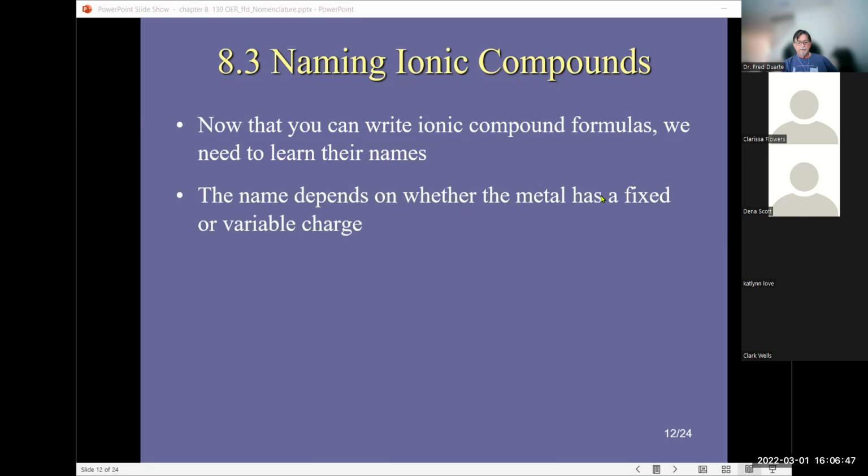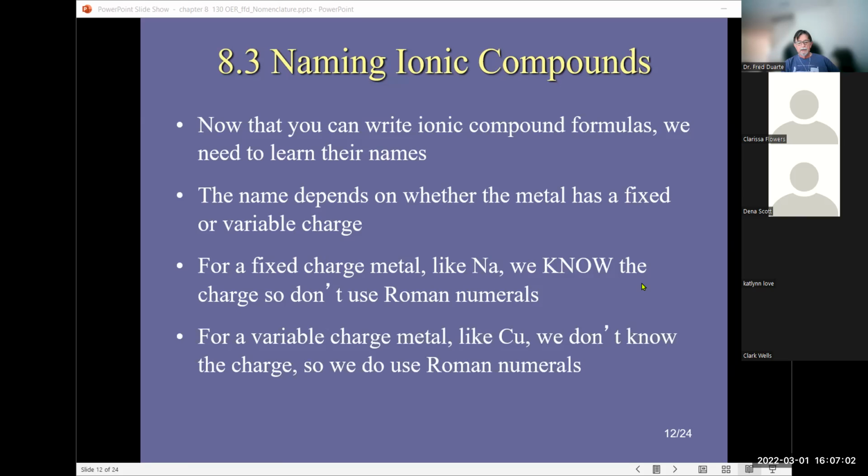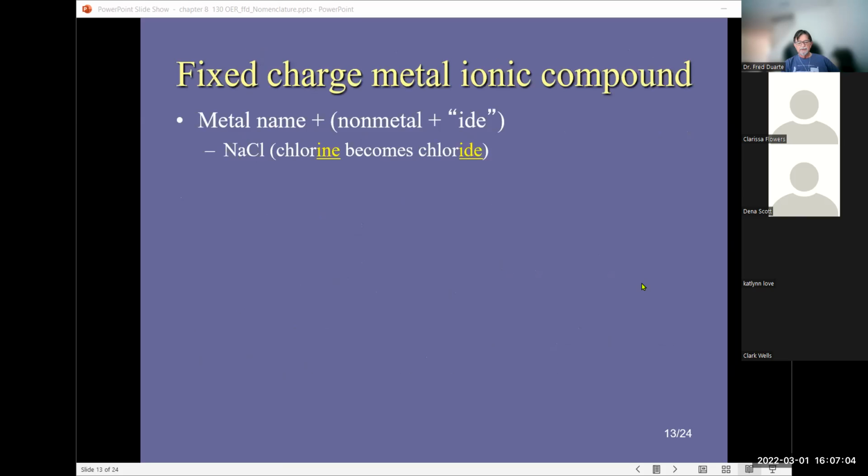For ionic compounds, the name depends on whether the metal has a fixed or a variable charge. Like I already pointed out to you, the ones that have a fixed charge, no Roman numerals. That means everybody else uses a Roman numeral. Let's get some examples. Well, we know about the nonmetal.